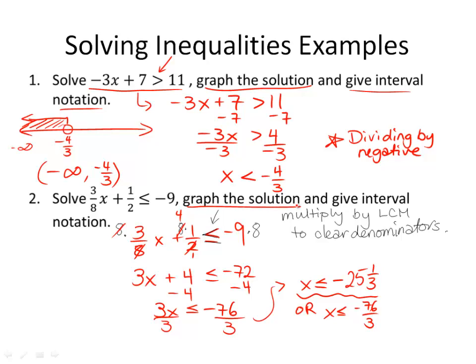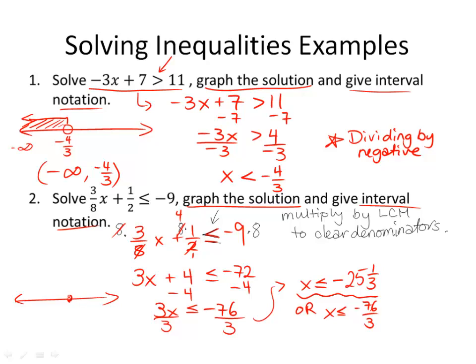They want us to graph the solution and give interval notation. So let's take a graph, number line, plot your point. It doesn't really matter where it is, no scale issues here. But think about what kind of point you want. You want it to be closed because there is an equal sign in the inequality.